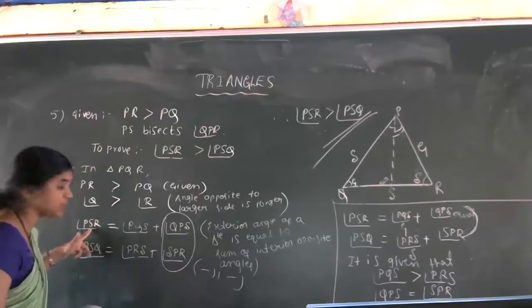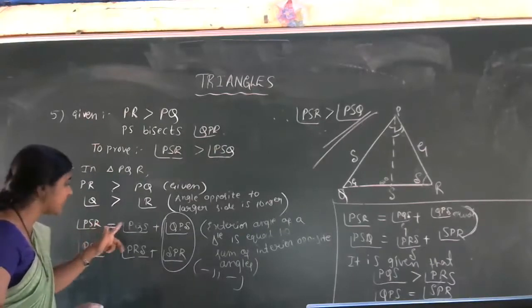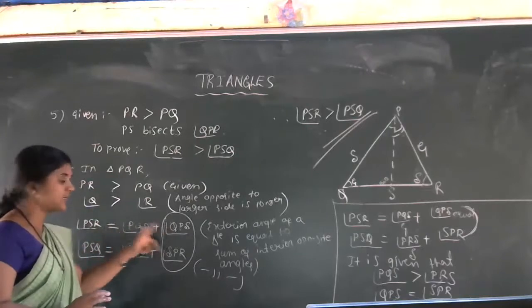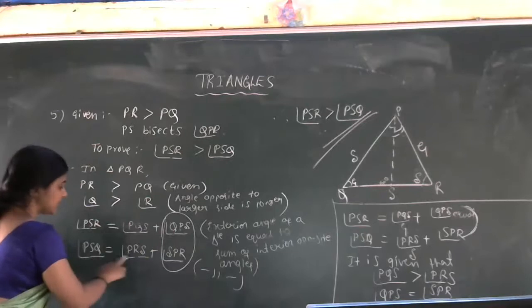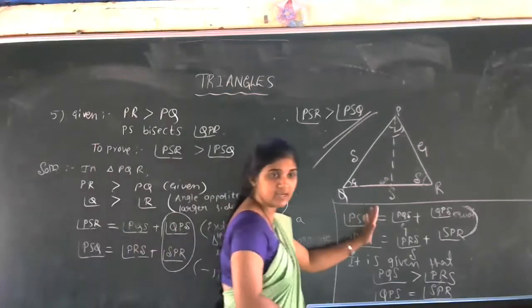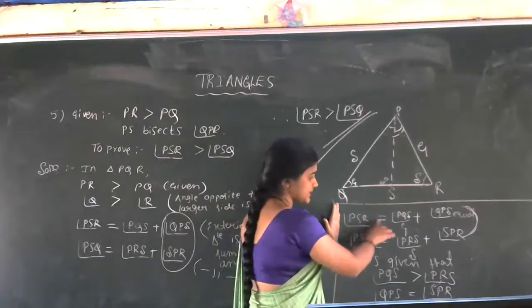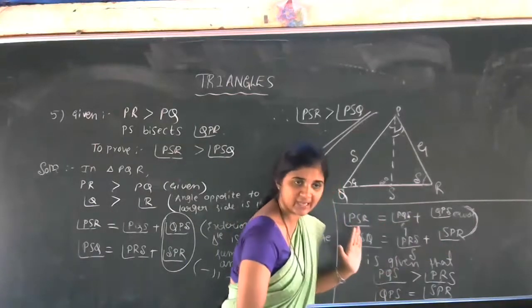So we are going to use the exterior angle of a triangle property. The exterior angle of a triangle is equal to the sum of the two interior opposite angles. PSR is PQS plus QPS. PSQ is PRS plus SPR. This step I repeat again to understand. PSR is the sum of these two, PSQ is the sum of these two, according to the exterior angle property.